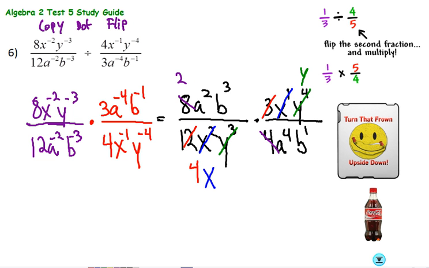Looking at some a's, if you took 2 a's away from a to the 4, you'd have 2 left over. And finally, the b's. If you took away 1 b from b cubed, what's left over would be b squared.